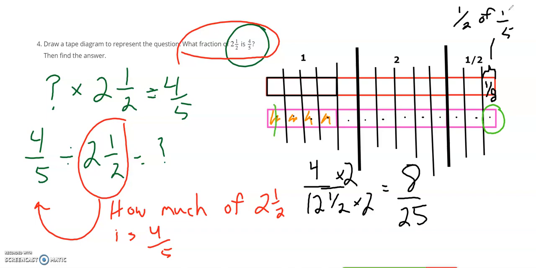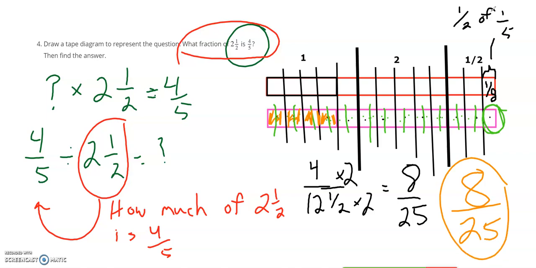If this is confusing, which I imagine it is, remember that this is a half of a fifth. So if we make all of these half of fifths, now each little rectangle is one 25th, and there are 25 of them. And now the orange is 1, 2, 3, 4, 5, 6, 7, 8 out of 25. 8 25ths.